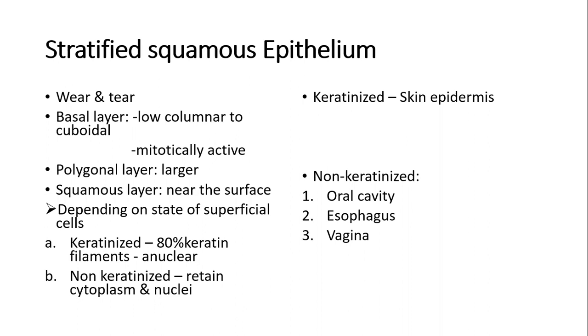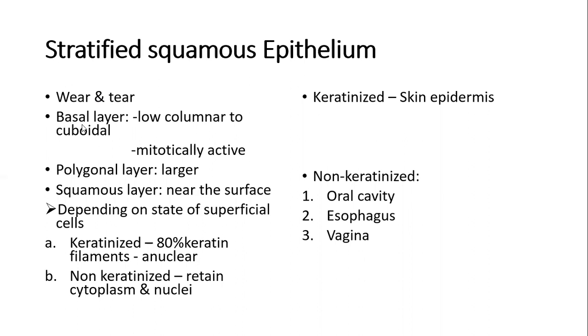Stratified squamous epithelium is present in places in the body which are prone to wear and tear. They are subjected to pressure and friction, so this type of epithelium provides the covering surface in those locations in the human body.